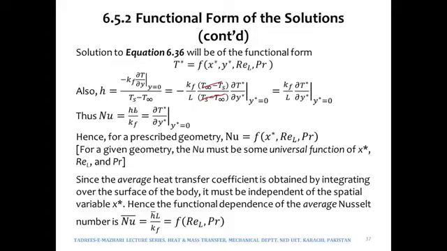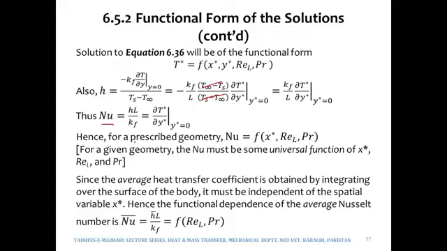Now the Nusselt number, which is hL over k. h is this thing. If we take this L in here and multiply it by h, and if we take this k into the denominator of the left hand side, then on the left hand side we would have hL over k, which is nothing but the Nusselt number, and on the right hand side we would have dT star by dY star.